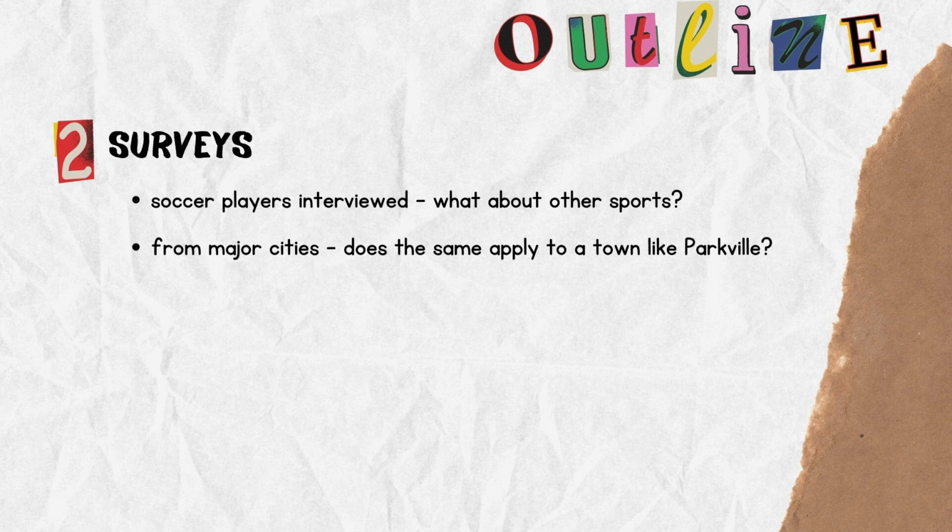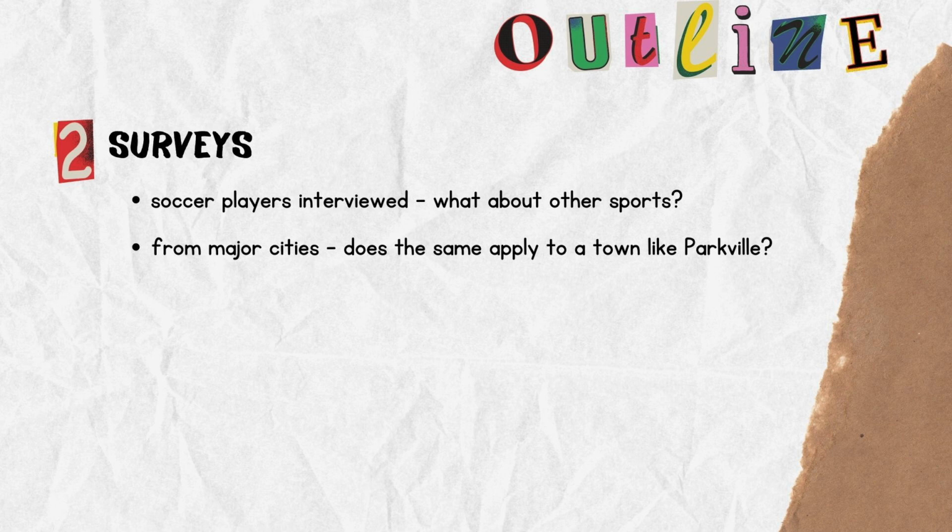Next, it says several major cities, but this is about Parkville specifically. So we could easily argue in this paragraph that it's very possible that youth league sports in a town like Parkville is very different from a major city. But we don't know that because they're using a study that's not specific to where we're talking about.